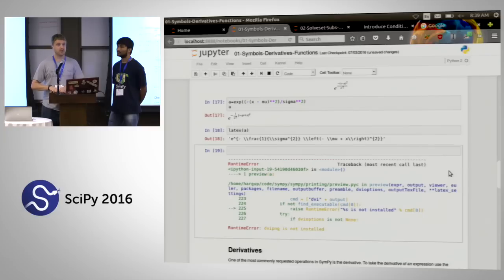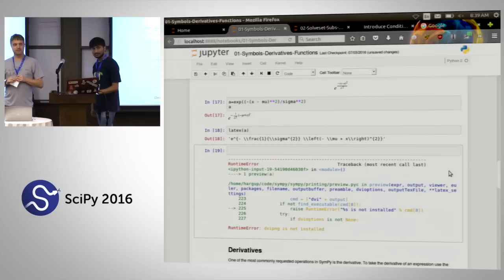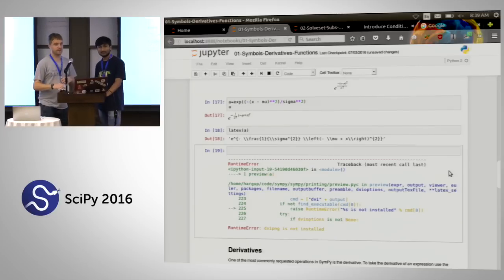If you have LaTeX installed on your computer, it'll use that instead, which is much better because Matplotlib's LaTeX rendering is actually kind of bad. And in the notebook, it's just going to use MathJax, so it'll work out of the box. And in the terminal, it'll use Unicode characters to create a 2D pretty representation.